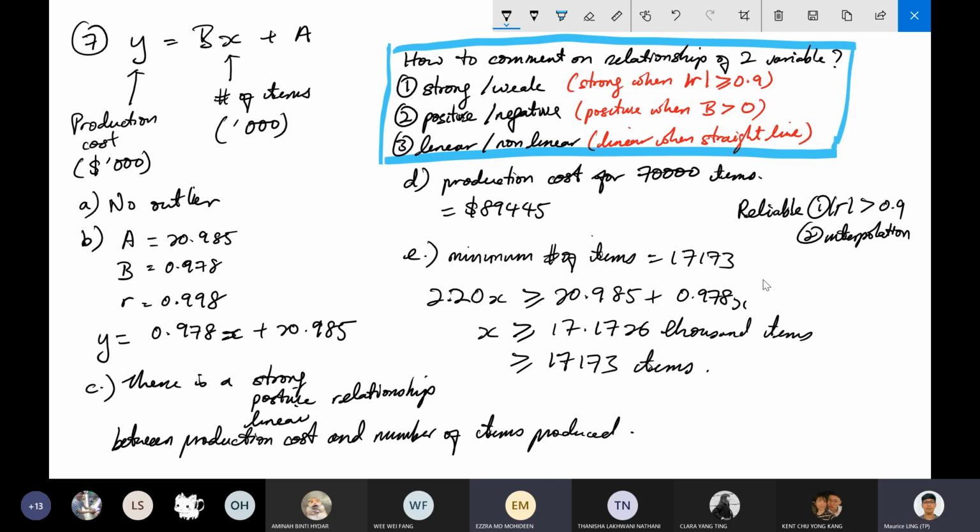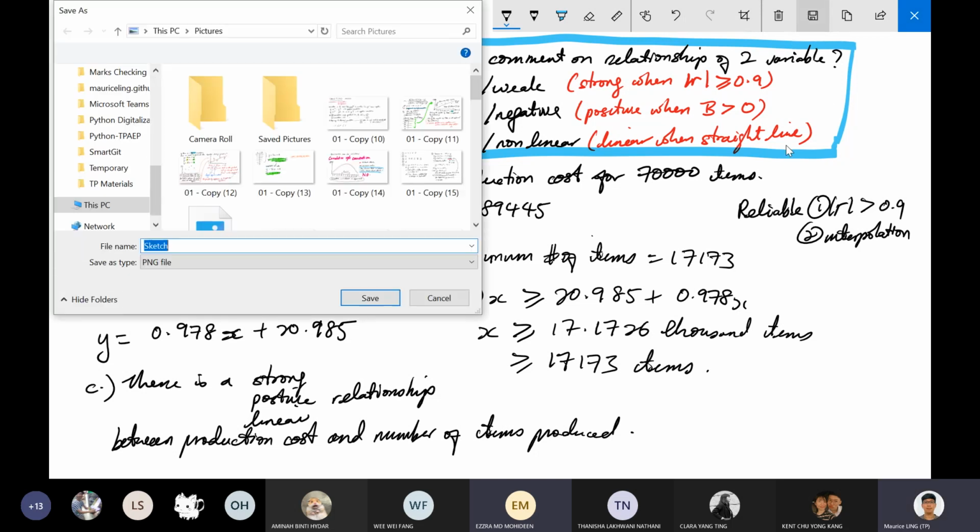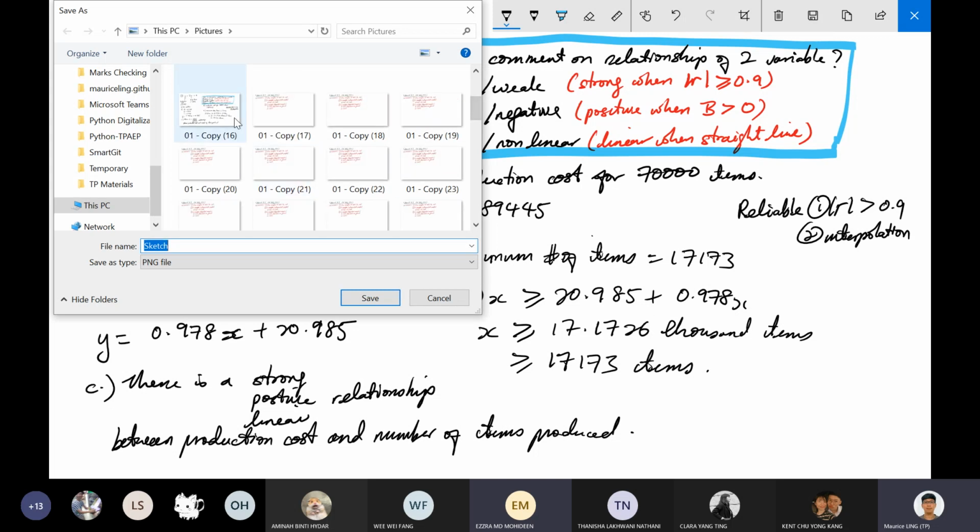And is it reliable? What is the relationship? So you have to state your own views. But what are the points for that? Just state what is the relationship and what does R square really mean? Basically, you stated already. You've given all the answers.